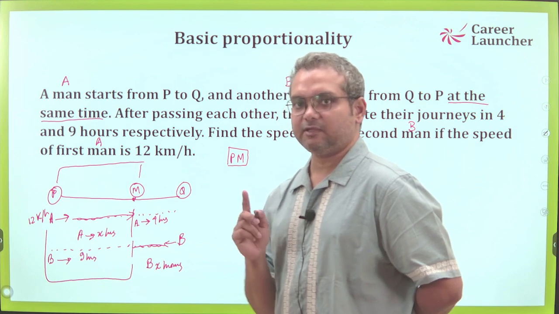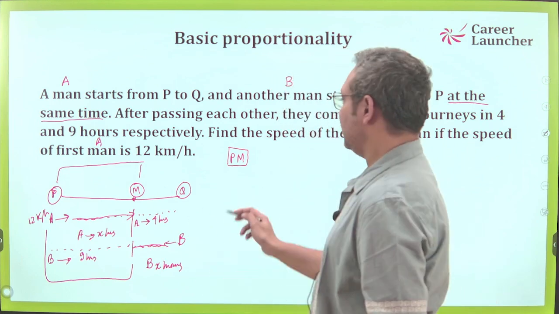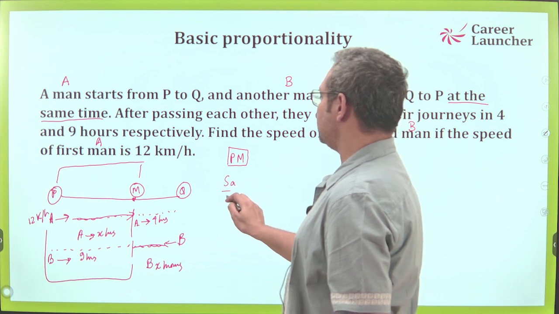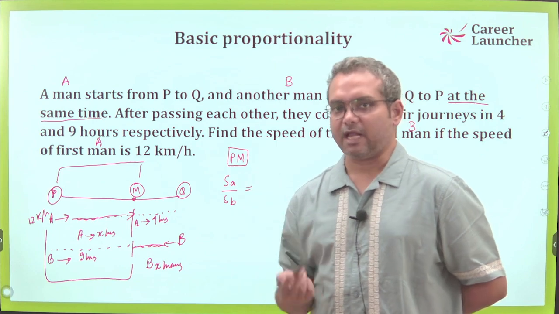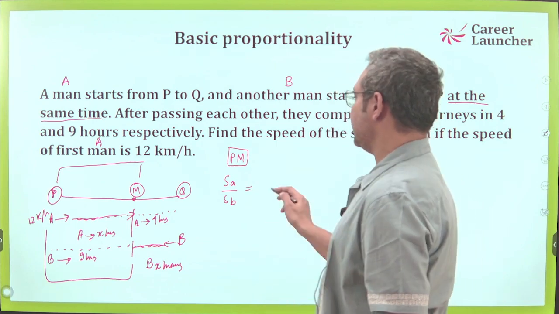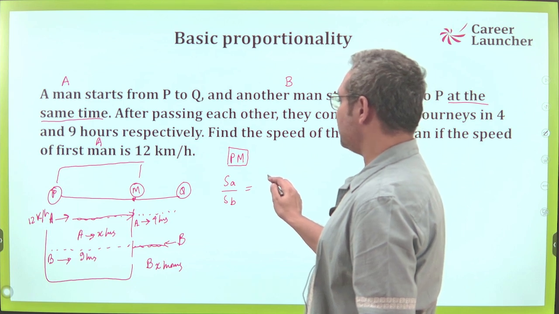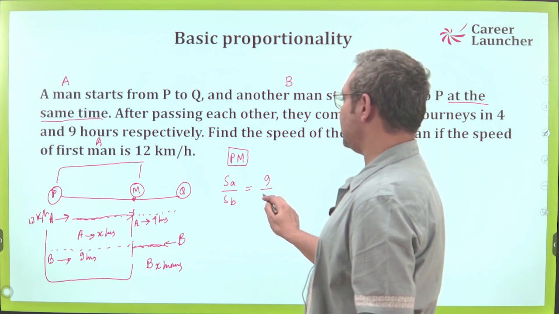So the times are different, means obviously the speeds were different. So the speed ratio of A to B must be the reverse of the time ratio for the same distance, right? If time of B is 9 hours, time of A is X hours.